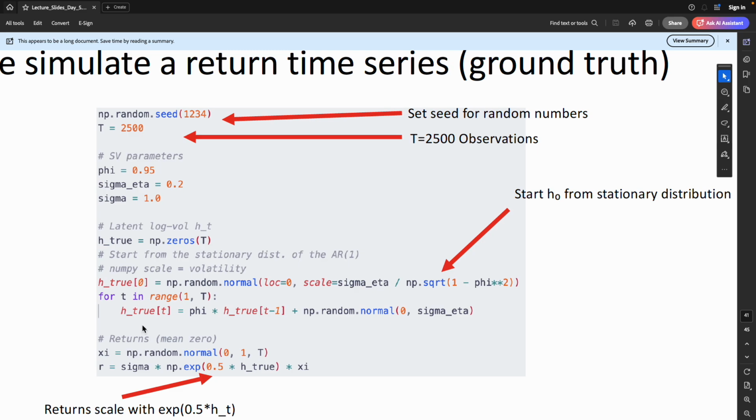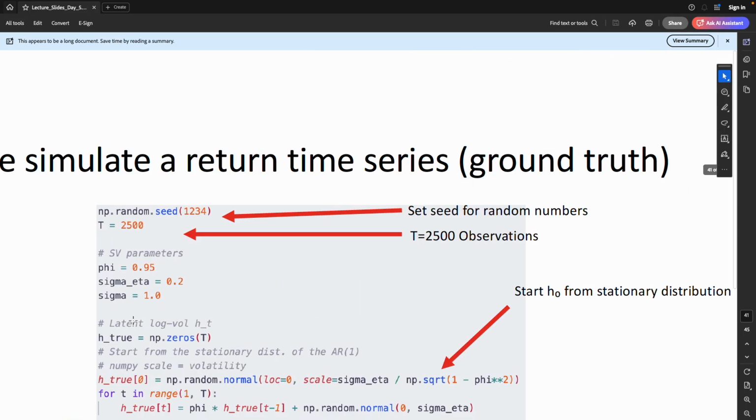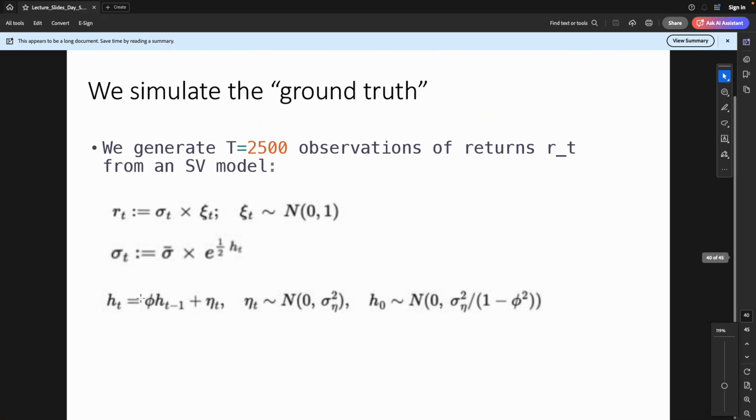So you then go back. We are setting the seed, the number of time points. We are setting the parameters of the model. And we give you here the comments what to do. And then in your problem set, you go back to the model, you check the notes, like in the previous slide. So here you have to simulate this guy.